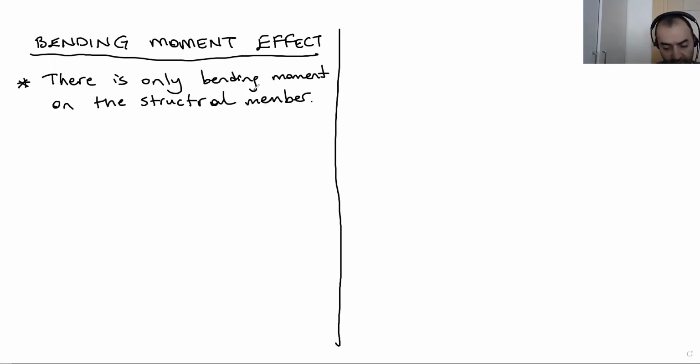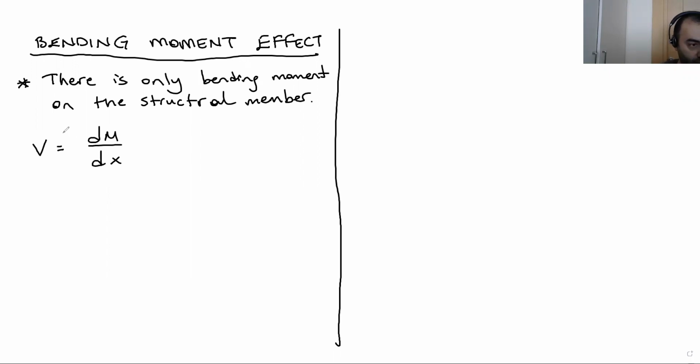In the real cases, generally, yes, we have some examples where we have only bending moments, but generally the shear effect and the bending moment affect the structural member altogether. Here, T is shear force, dM over dx.